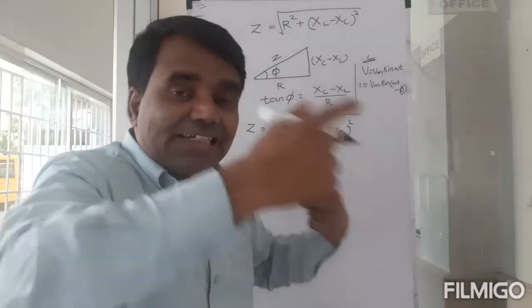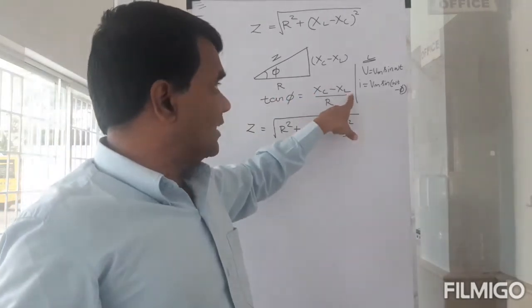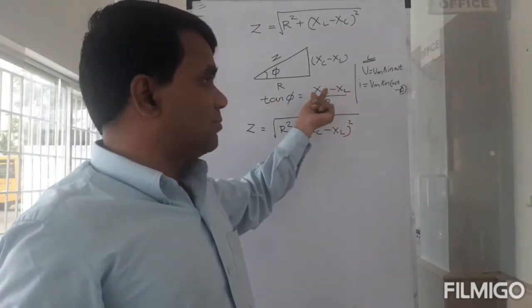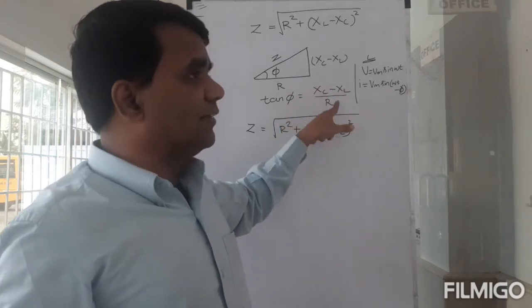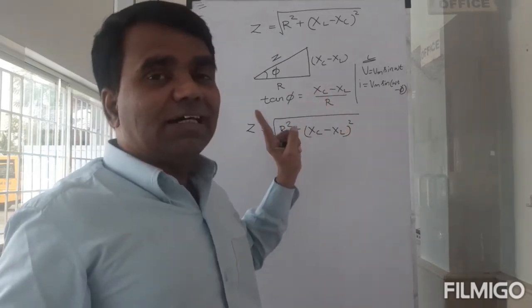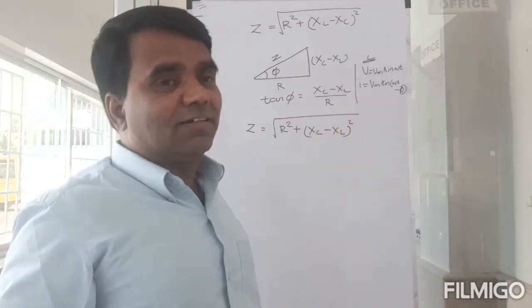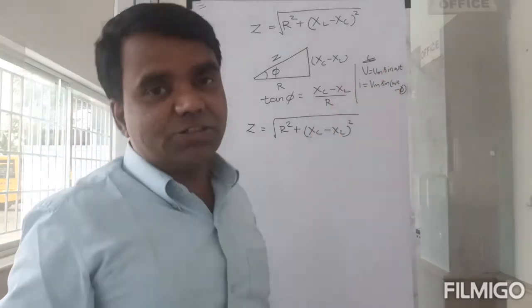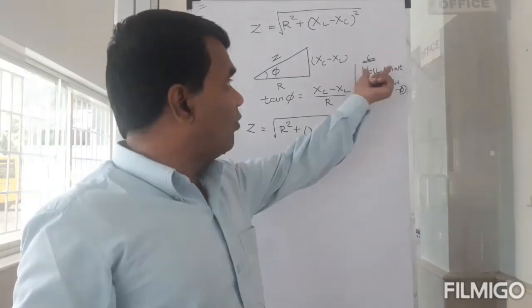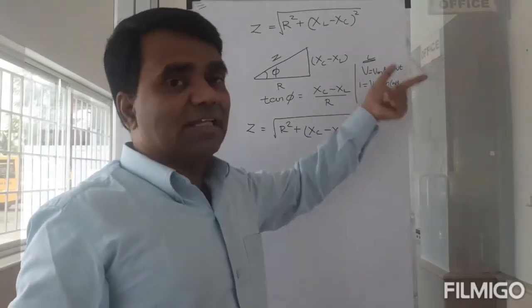If it is a net inductive circuit, XL will be greater, XC will be smaller, and I will get a negative number, so phi will be tan inverse of a negative number. I will get a negative angle, meaning the current is lagging the voltage. If I take the voltage as a reference, then current is lagging the voltage.